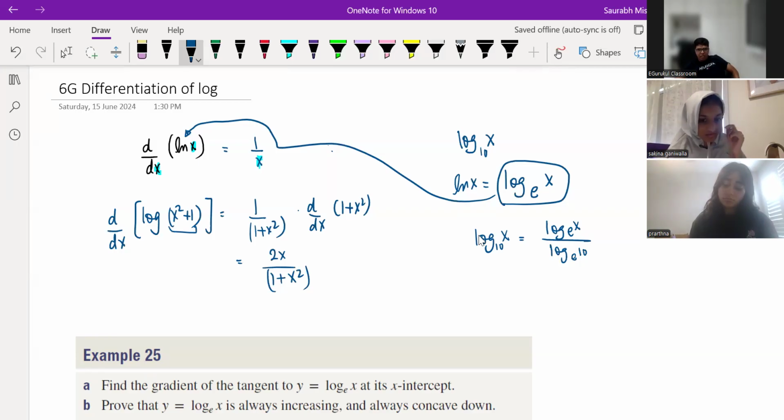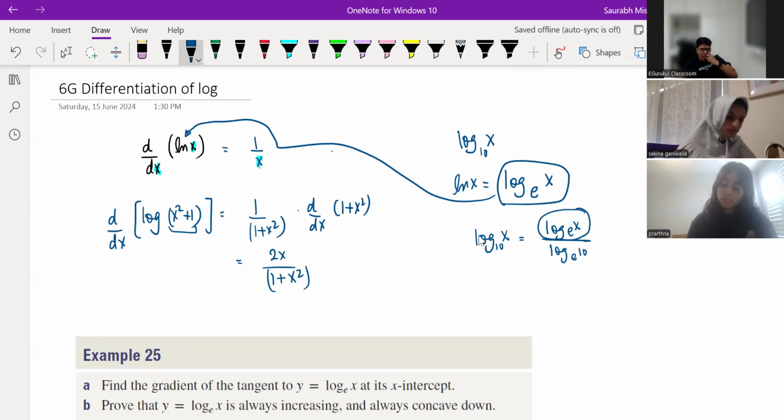Okay. But what I am trying to tell you here, other than differentiation, you need to also understand it is a log base e of x, which is 1 by x. If it is not base e, it is base 10, then you need to use this conversion to do the formula.